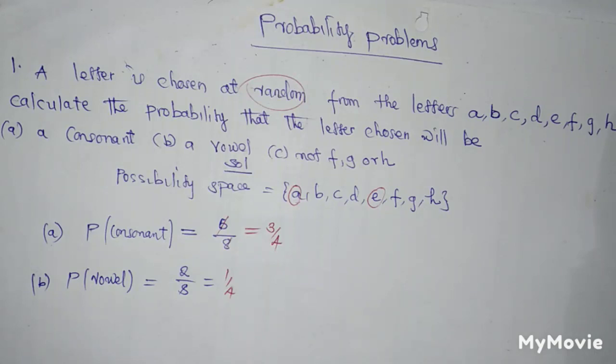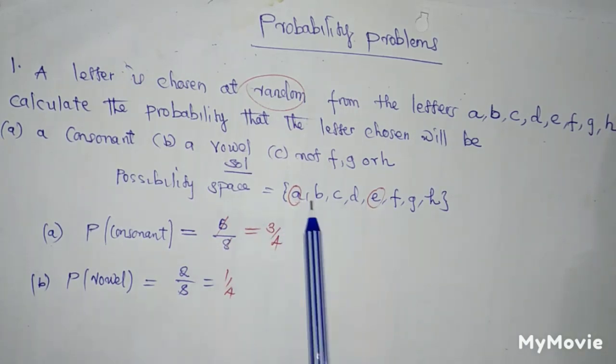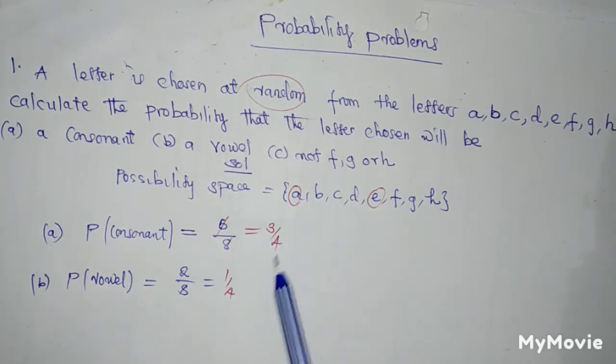In this set of outcomes, the possibility of getting a vowel is lower than the possibility of coming across a consonant, because most of the set is made up of consonants.